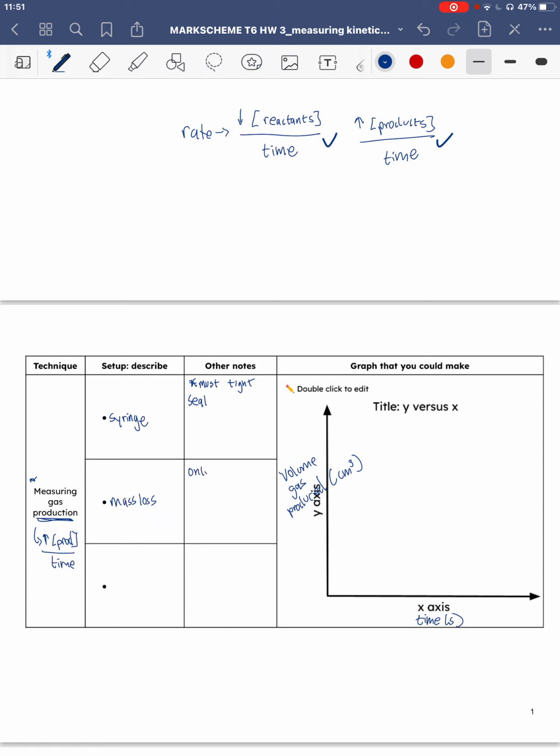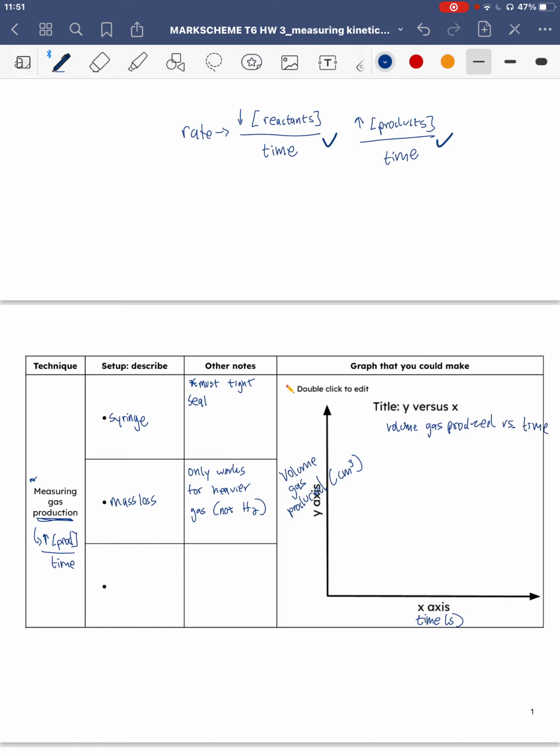This only works for heavier gases, so not hydrogen. Hydrogen is too light to register enough of a mass loss to get good data. Same graph, time and amount of gas loss, and of course the title is volume of gas produced versus time.